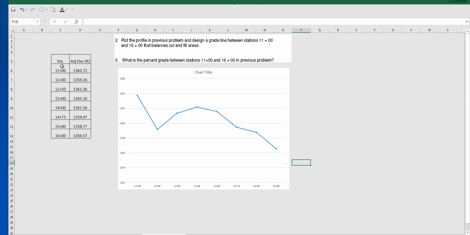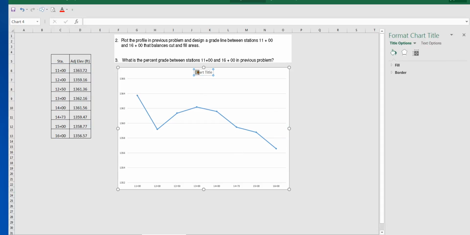So what I've done is I've taken the stations here and I've taken the elevations next to it and I've plotted them on a profile. So I could change this chart and say this is the profile leveling of that center line.